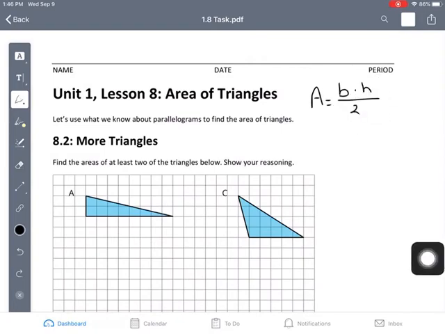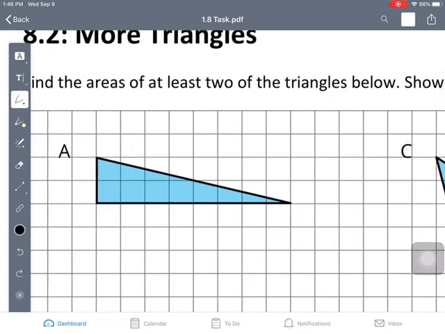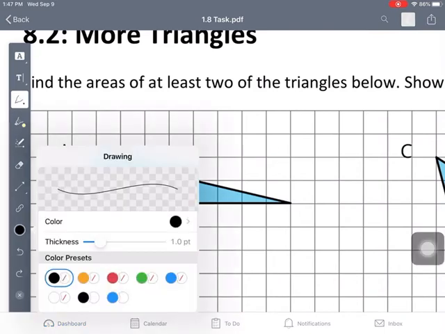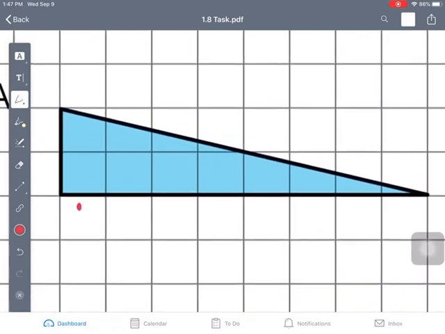So I'm going to do that right here. Because it's at the bottom, and I think it makes it a lot easier, I'm just going to use this bottom line as the base for this particular triangle. Since I'm working with a grid, I can just count. I can see 1, 2, 3, 4, 5, 6, 7, and 8.